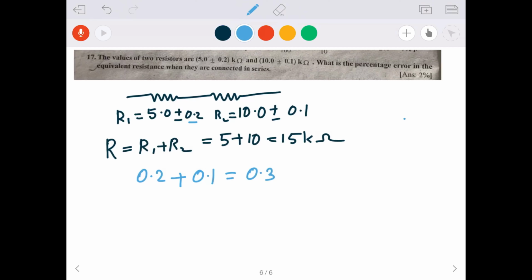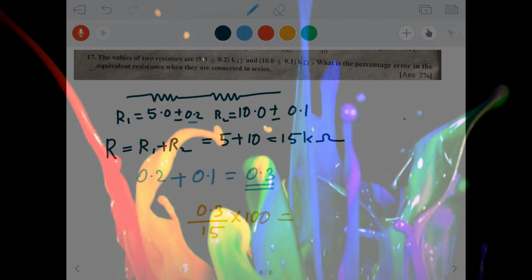We have 15 and 0.3, so we can do directly 0.3 divided by 15, into 100, which will be the percentage error. So this will be 100 divided by 15 into 0.3, which will be 2.